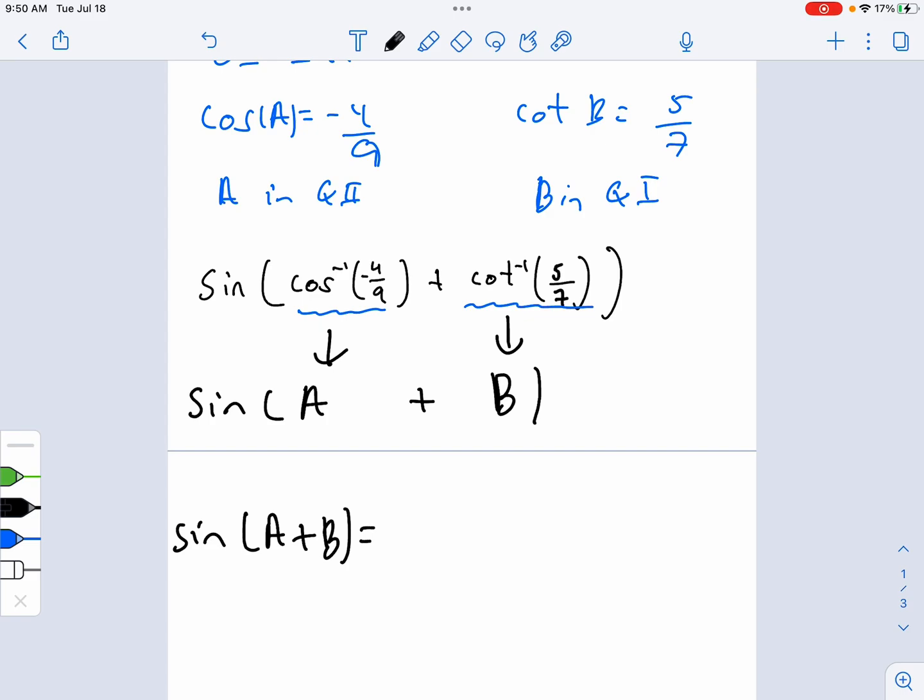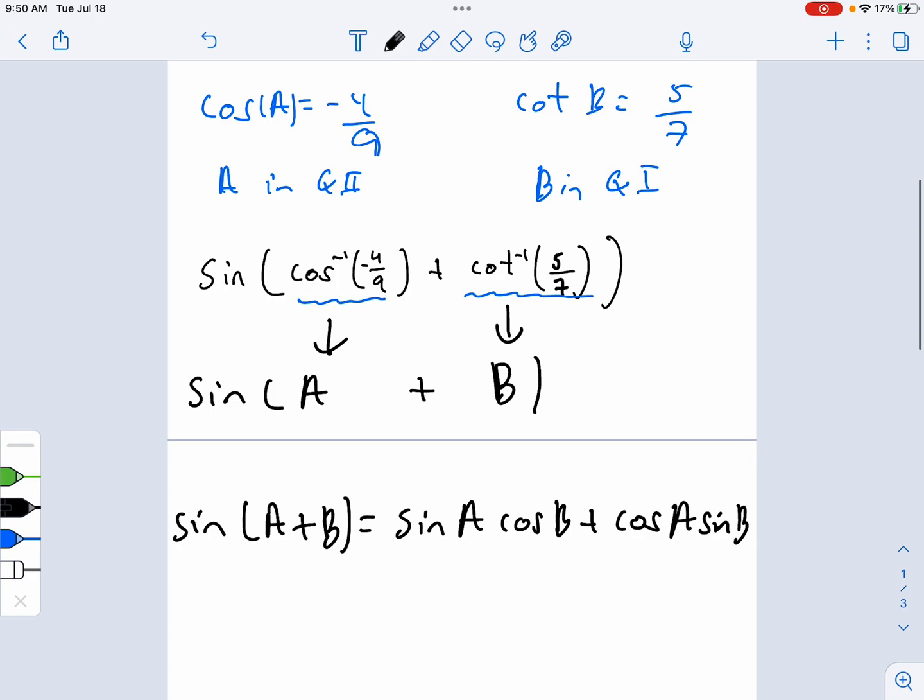That identity says that the sine of A plus B is equal to the sine of A times the cosine of B plus the cosine of A times the sine of B. Essentially, you just have to fill in the blanks for sine A, cosine B, cosine A, sine B.